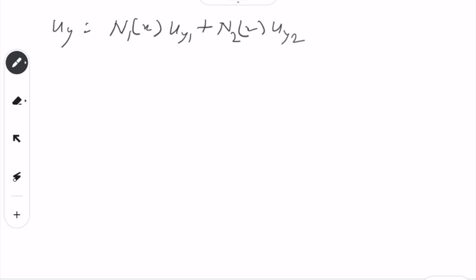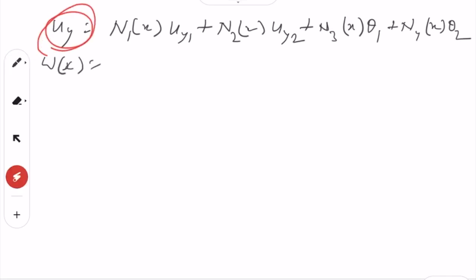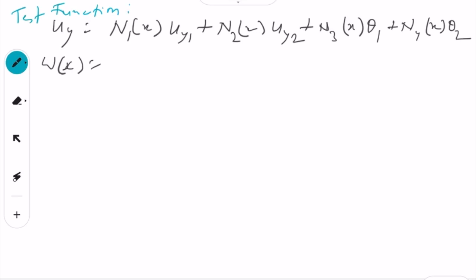So, uy2 plus N3(x) theta 1 plus N4(x) times theta 2. Yeah, and also similarly we can have w(x) as a function of this. So this is the test function, and we also have the weight function, which will be like this only.